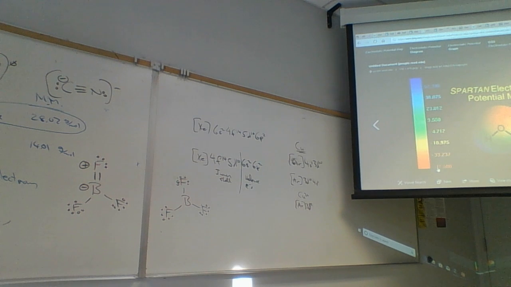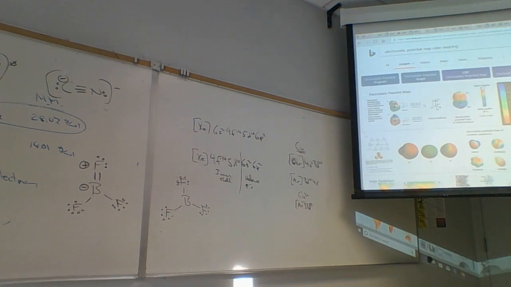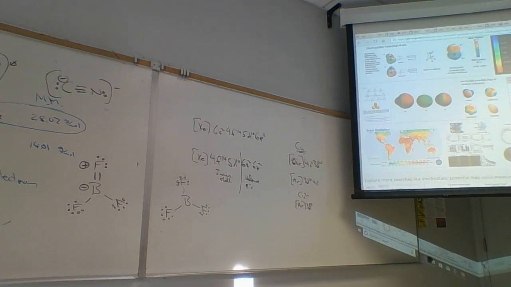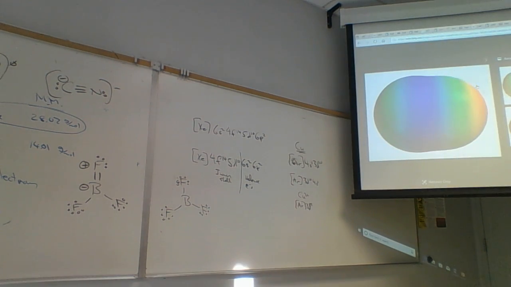But if you look at red, is red negative or is red positive? Red is negative. This is the electrostatic potential map. It's in certain units of energy. Red is negative. It doesn't help that people screw it up and flip it the other way, but from quantum mechanical calculations, red is negative. So this is the carbon over here. See the oxygen. Sizes are screwed up on this one, so it's confusing.